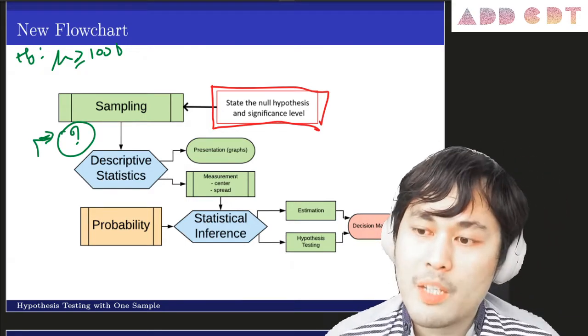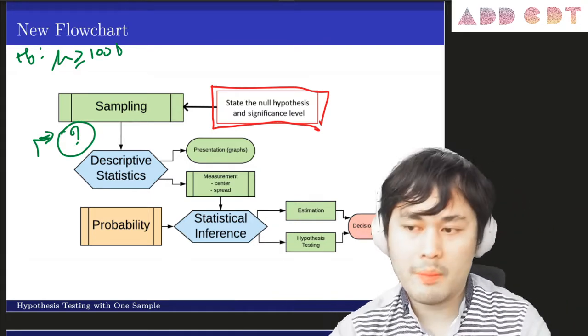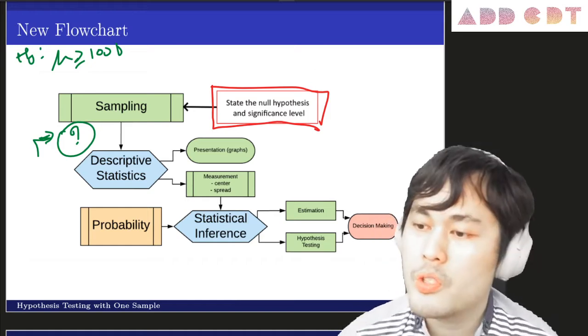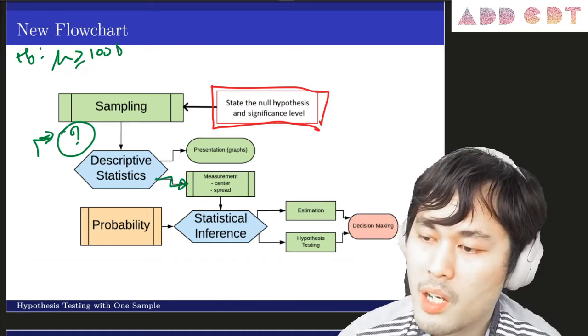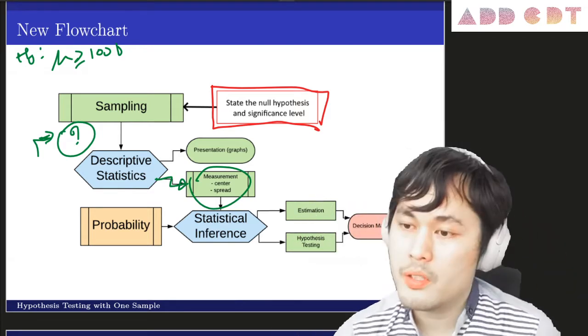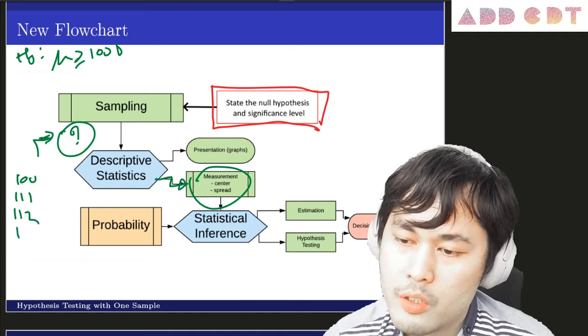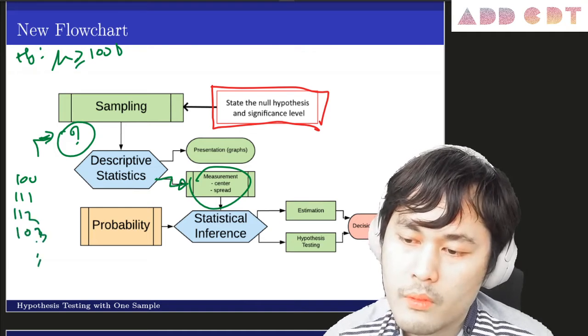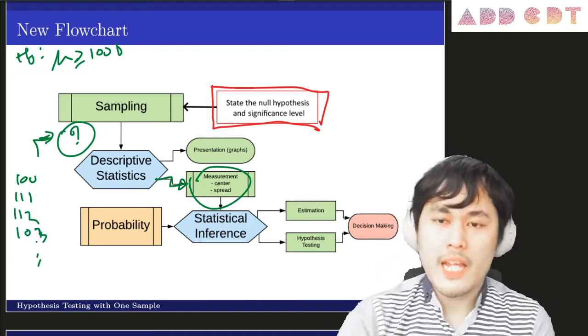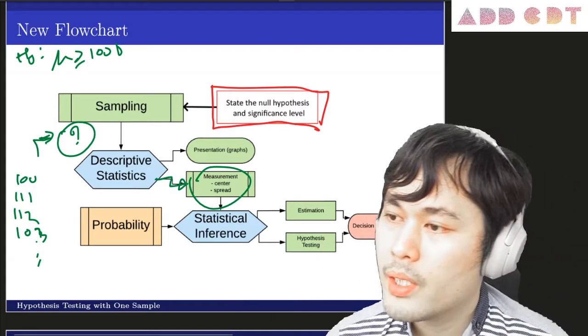Maybe after we get a sample, you look at the samples. Since the sample size is large, you cannot compute all the spread and center in your head. Maybe you see the raw data, 100, 111, 112, 13, and so on, and you make your hypothesis based on that raw data.